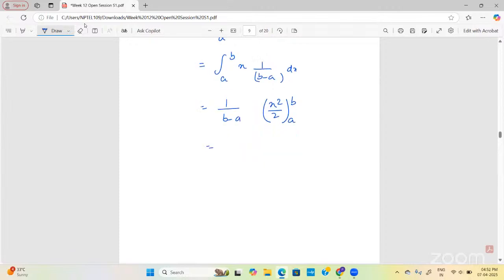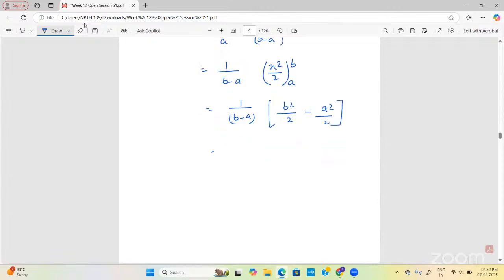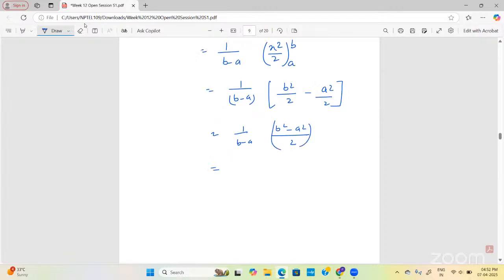So 1 upon B minus A, and that will be B square divided by 2 minus A square divided by 2. Okay, so we know that B square minus A square, I can write it as B minus A times B plus A, right?